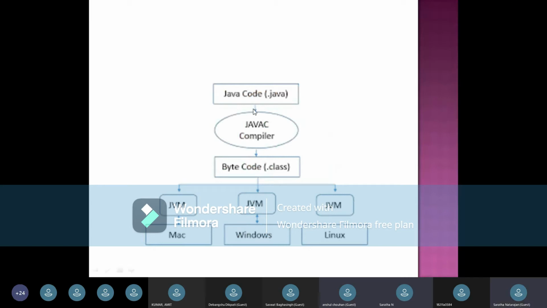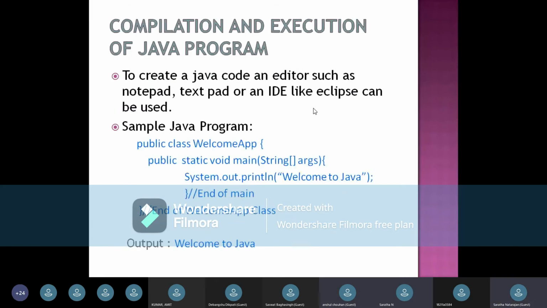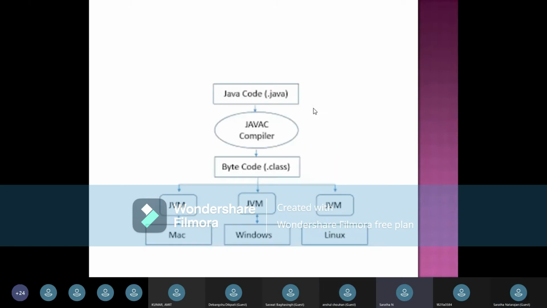We have a .java code, which is your hello world, or rather the welcome app code. When you do a Java compilation, you will get the .class file. This .class file can be run on multiple JVMs, because nowadays all operating systems have a built-in JVM. So we are running the same .class file on multiple JVMs. Did you get it? Clear? Yes, ma'am.